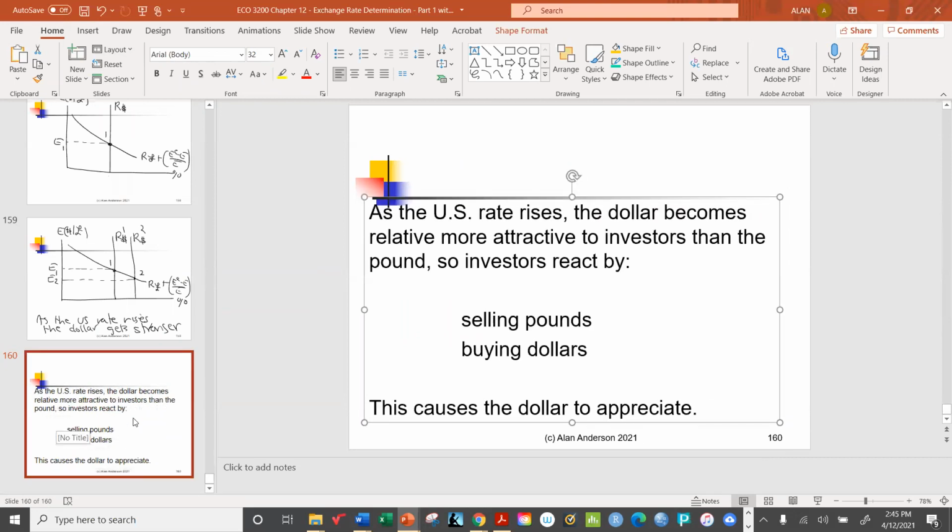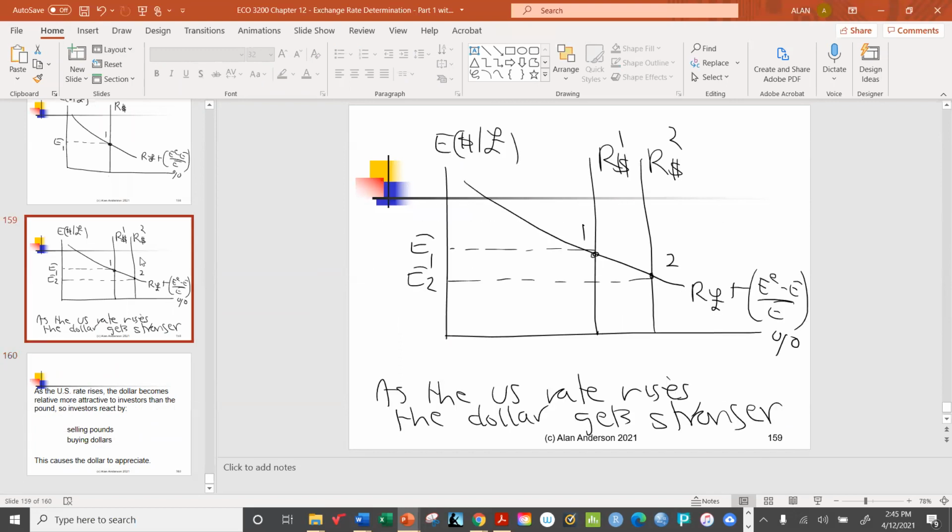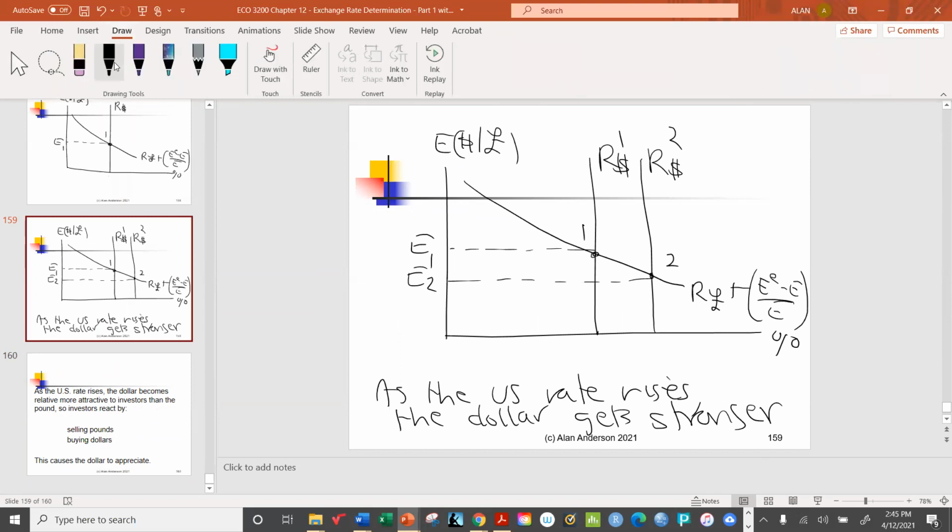There we are. Now, of course, this works both ways. Let's go back here and show that if I move the opposite direction, let's just say over here to the left somewhere, let's call this R3. Well, then obviously all this works in reverse. Now the US rate of interest is lower.